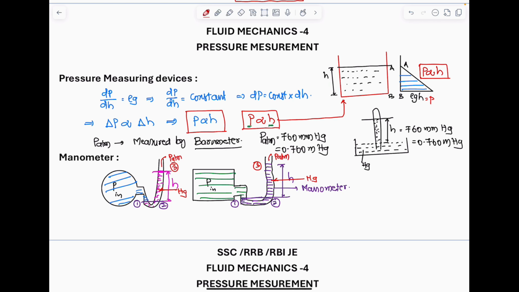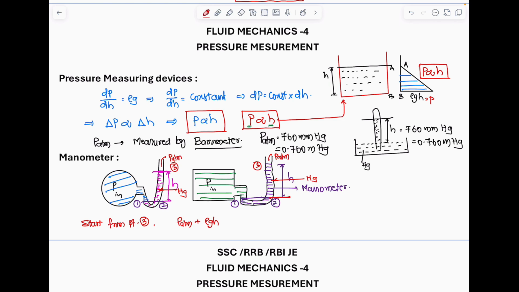Start from point 3, which is P atmosphere. Then P atmosphere, that is 3, plus you reach up to point 2, that is rho g h.